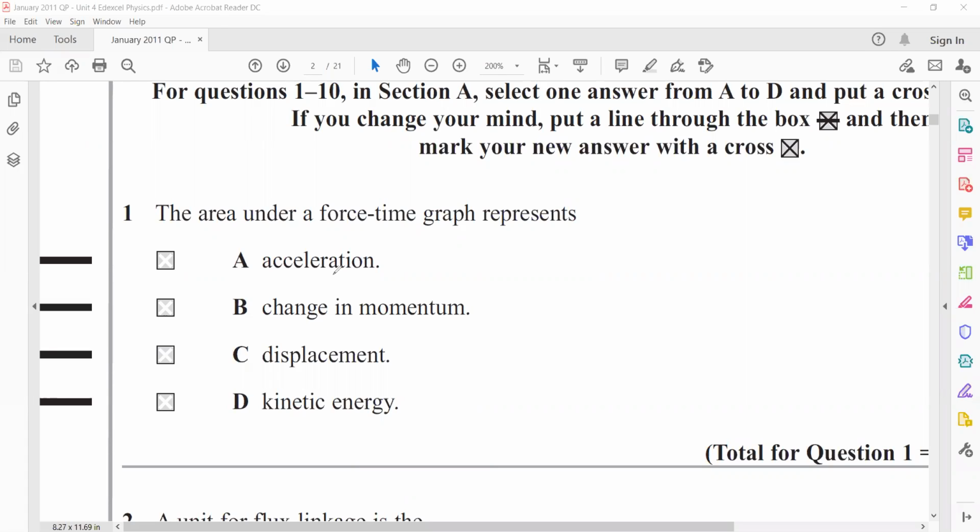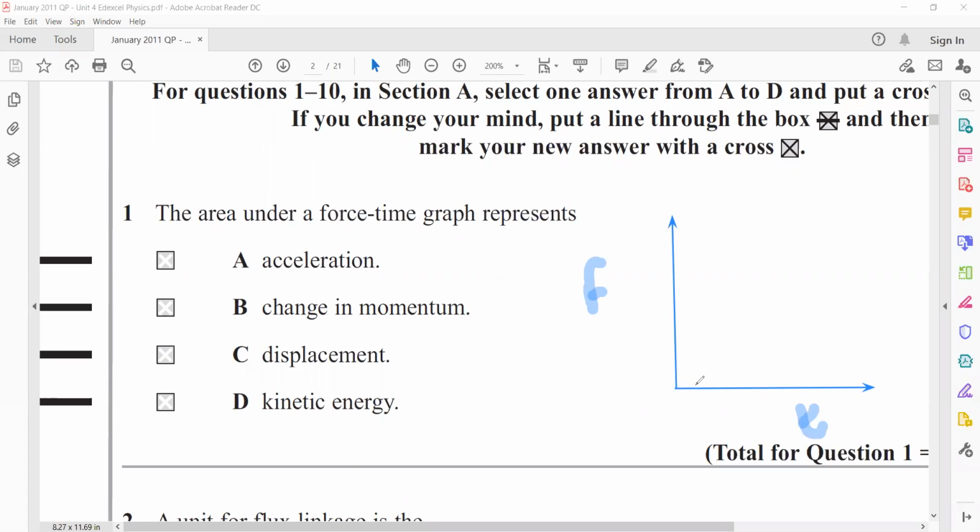B is the right answer, because when you have a force-time graph, force is on the y-axis and time is on the x-axis.